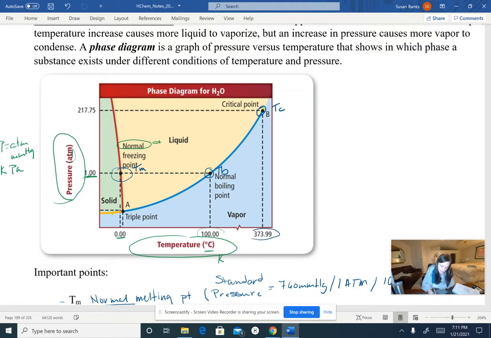So at the critical temperature of 373.99 degrees Celsius, we can still liquefy water if and only if we provide a pressure of 217.75 atmospheres or greater. If I don't have that pressure, water is going to be a vapor. But if I have that pressure or greater, it will be a liquid. Above that temperature, no amount of pressure is going to liquefy water. It's going to be what we call a superheated fluid.